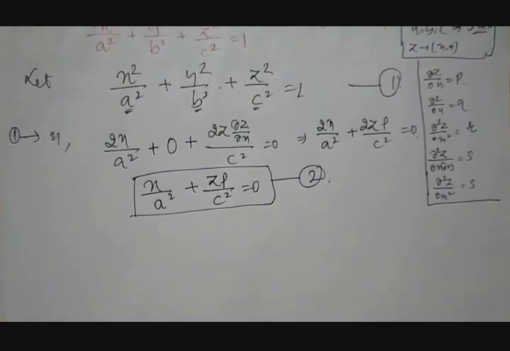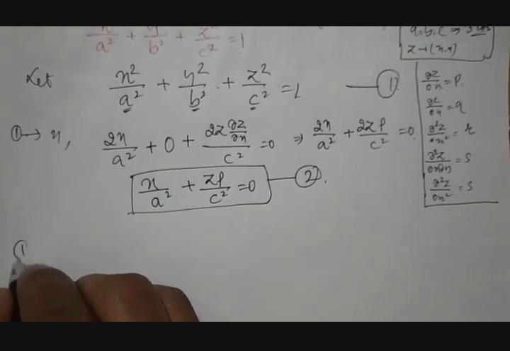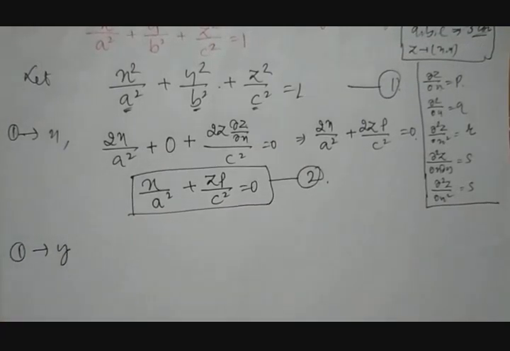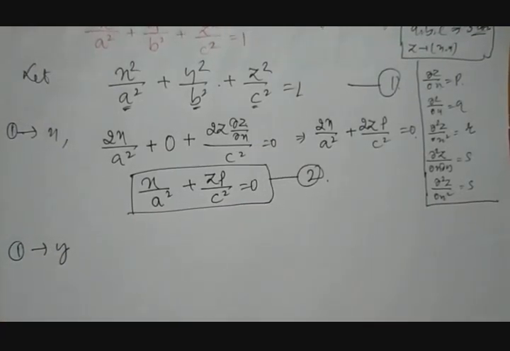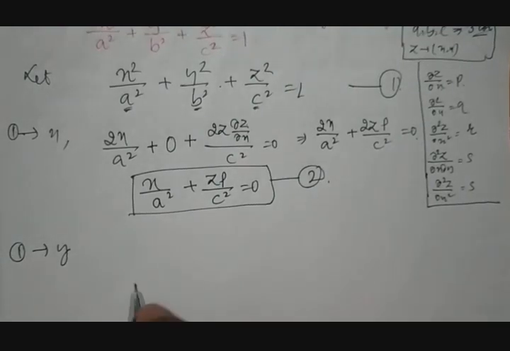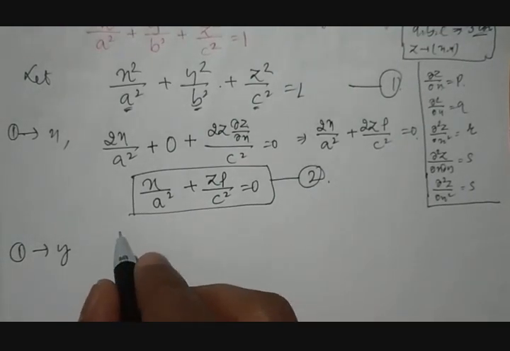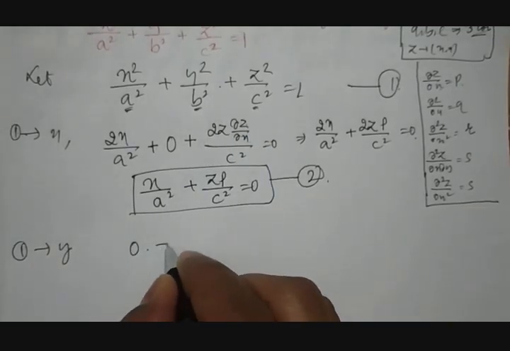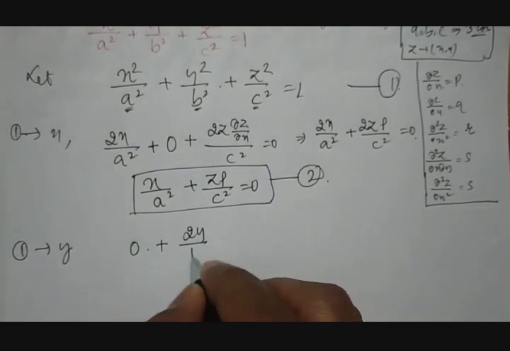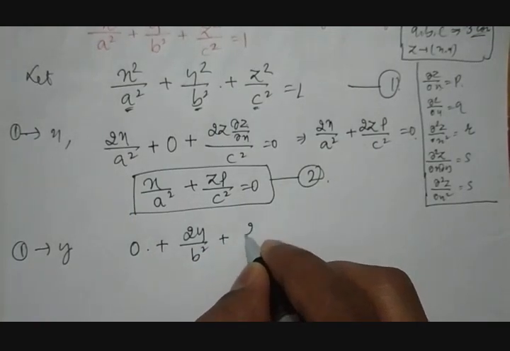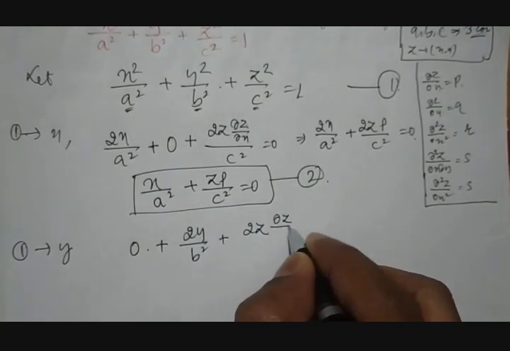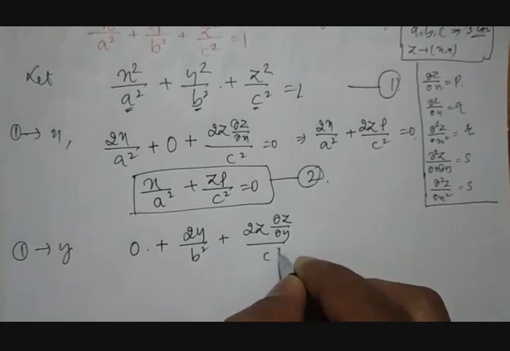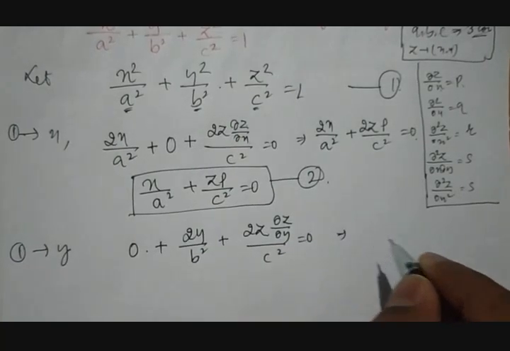Then similarly, differentiate equation number 1 with respect to y partially. The equation becomes 0 plus 2y divided by b square plus 2z into dou z by dou y divided by c square is equal to 0.